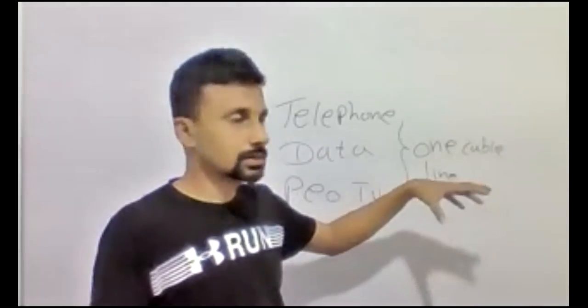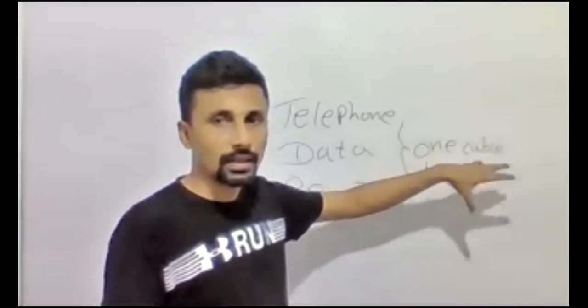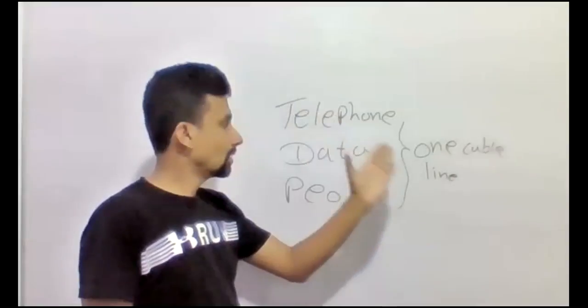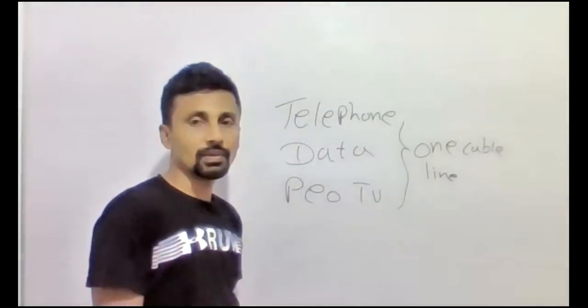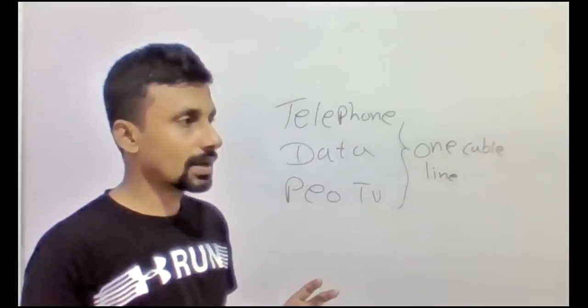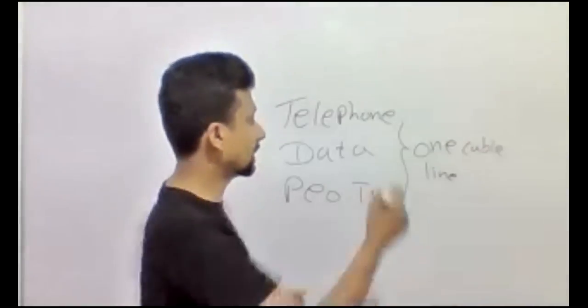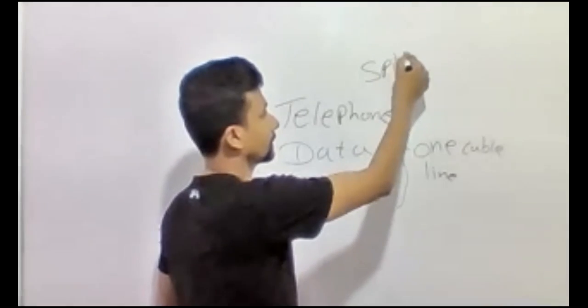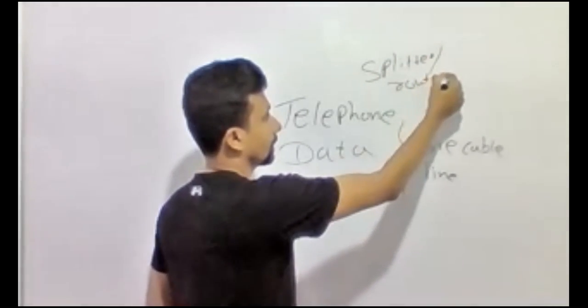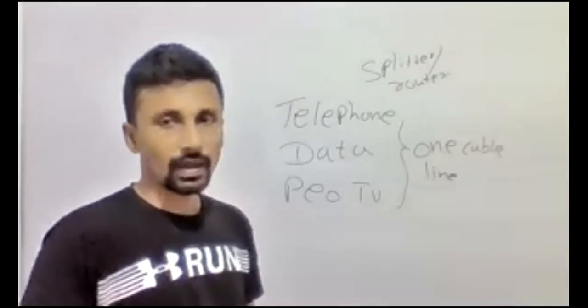So how does the data identify whether it's a telephone call, whether it's data, or whether it's a POTV signal? That is done by the splitter or the router we have with the fiber line.